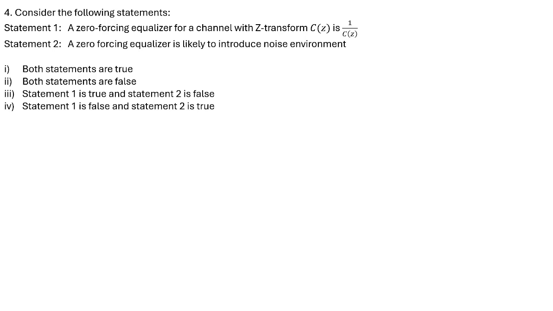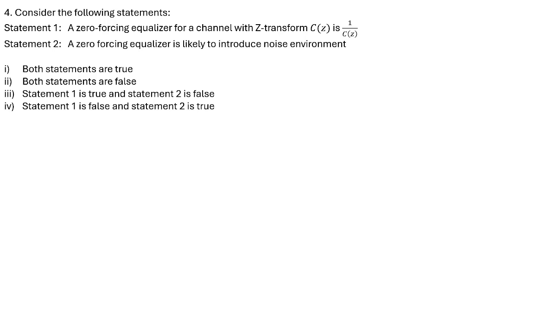Your signal passes through a channel, consider the Z transform of the channel to be C(z). From a signal processing framework, the channel performs some action over your transmitted signal.